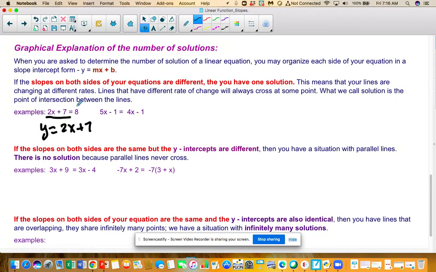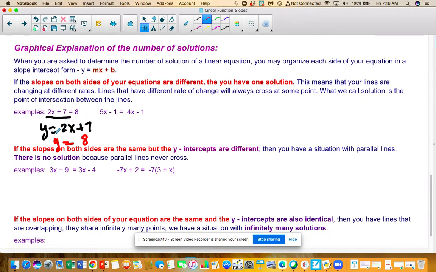And the right side of the same equation, this 8, we can look at it as another line that has the form y equals 8. So basically, solving this equation is finding the point of intersection between these two lines. All right, that's what the solution is, where the line y equals 2x plus 7 meets, crosses the line y equals 8.